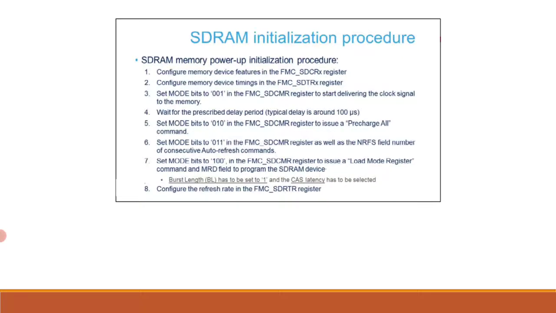The SDRAM controller can issue different commands to the SDRAM devices. The commands are issued by software to initialize the SDRAM device or to switch the device mode. Here is the procedure I have given. The commands can be delivered to the two banks simultaneously using configure target bank bits CTB1 and CTB2 in the FMC_SDCMR registers.